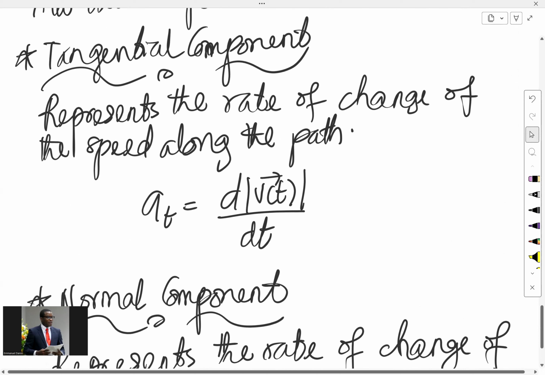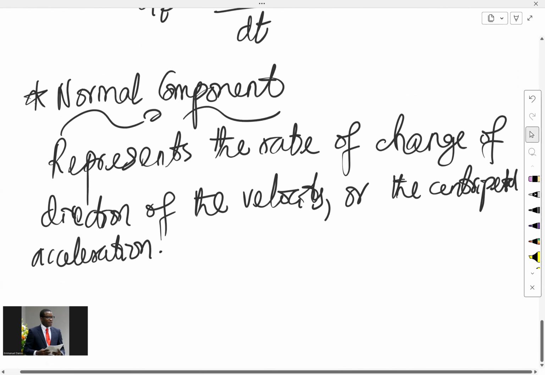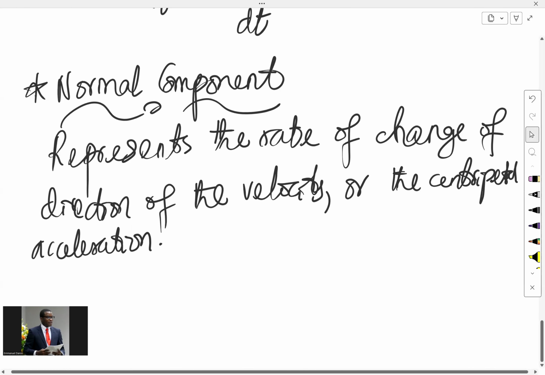Speed is actually a scalar quantity, and that is why we have the absolute value of the velocity here. When you find the absolute value, you're getting a scalar quantity. Then for the normal component, it is the rate of change of the direction of the velocity, which is a vector quantity in this case.